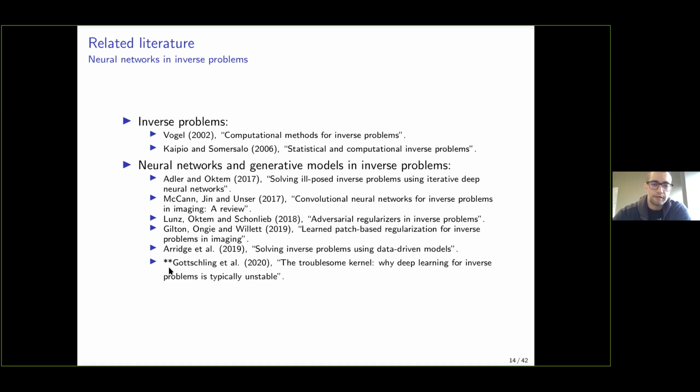For that, I strongly recommend this paper of Gottschling et al., which is on arXiv, where they argue that it can be a very, very bad idea, depending on how you're doing things. So one needs to be very careful when using neural networks to solve inverse problems directly. That is not what we're doing, but it's something to be mindful about.